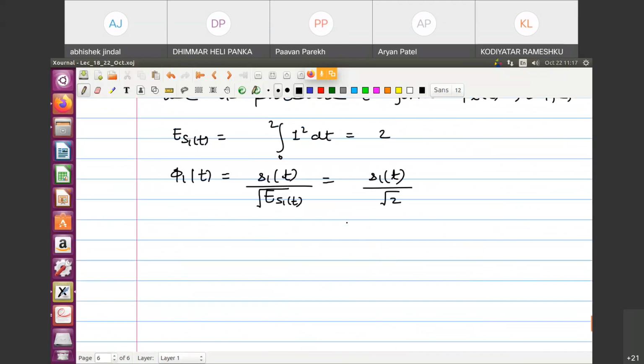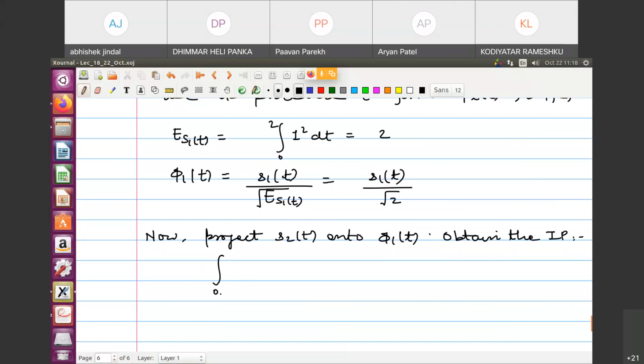Now let us take S2(t) and try to project it onto phi_1(t). So first you need to obtain the inner product, which is equal to the integral.